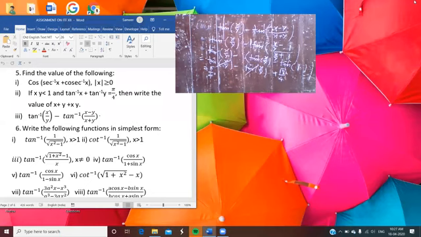Your target is, for the first part given here, tan inverse: if the inverse function is like tan inverse, you have to reduce the value of x in such a manner that it is also converted in the form of tan. That's why you can apply the formula for tan inverse tan x. So you know tan inverse tan x becomes what? x.